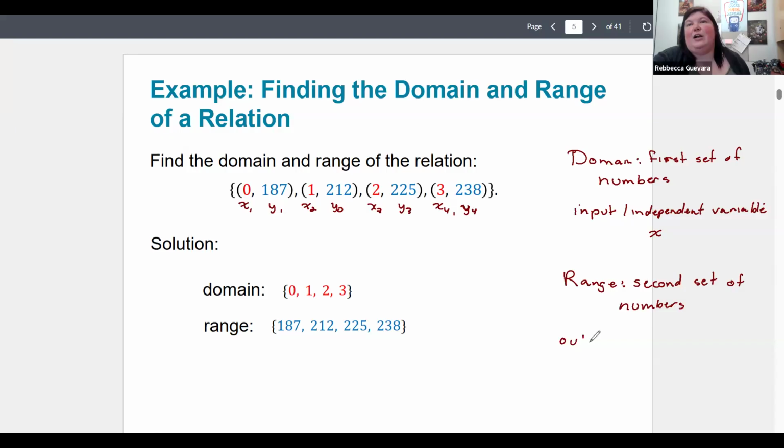And this is usually your output from something or your dependent variable. And it represents Y's frequently.